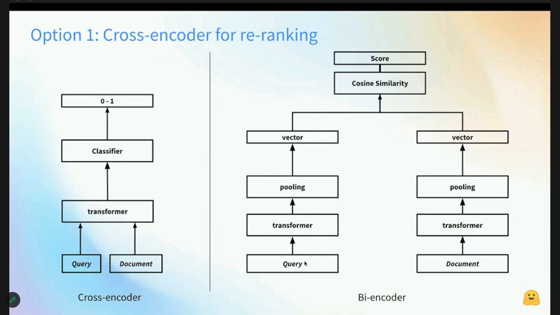We talked about biencoders, which are basically just encoder models that, given a piece of text, get you a dense vector representation. In biencoders, your query and your document are passed through the model separately, independent of each other. Cross encoders take a different approach, where you pass the query and the document into the transformer at the same time.